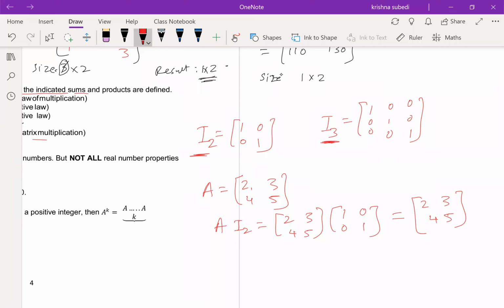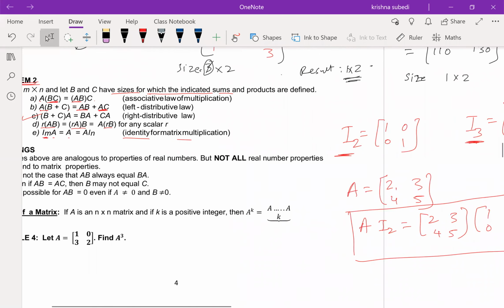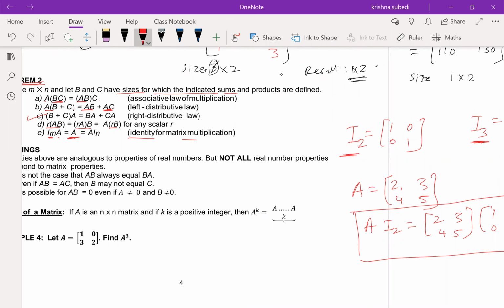You should be getting that. If you don't trust me, you can try this by yourself. That's what property part D tells us. When we multiply by the identity matrix, the matrix preserves its identity. A will be A.